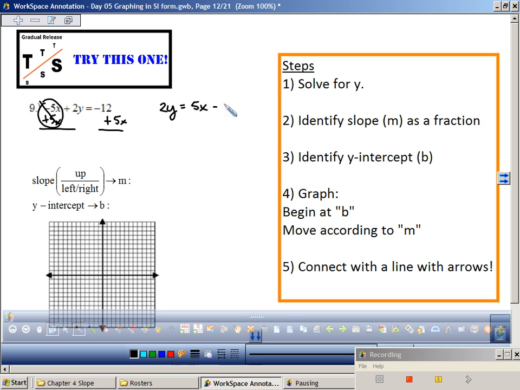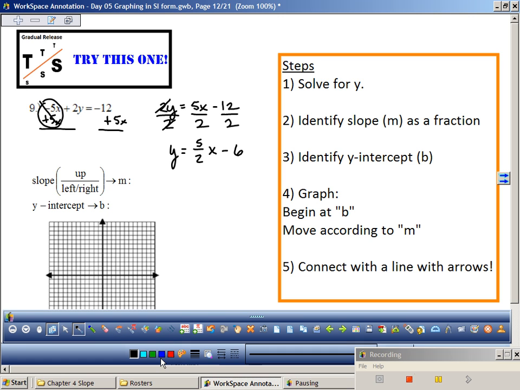Excellent. What do I do next? Divide everybody by 2. Good job. And I'm left with y equals 5 halves x minus what? 6. So let's see.